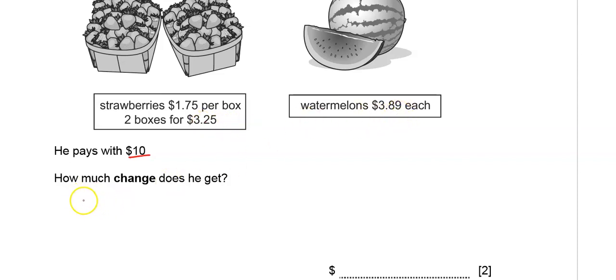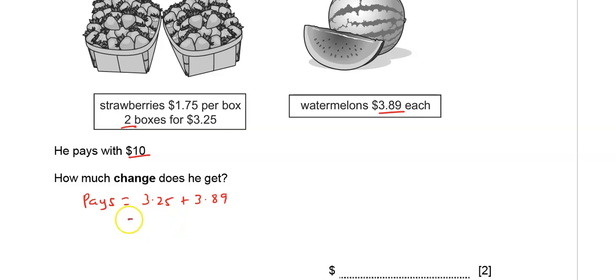So how much does he need to pay? His bill is $3.25 plus the price of the watermelon, which is $3.89. 2 boxes is $3.25.